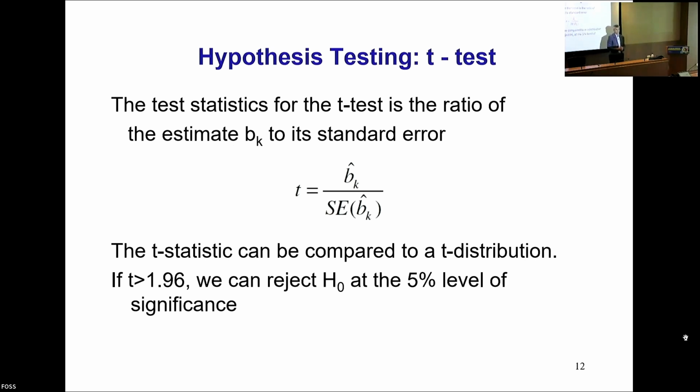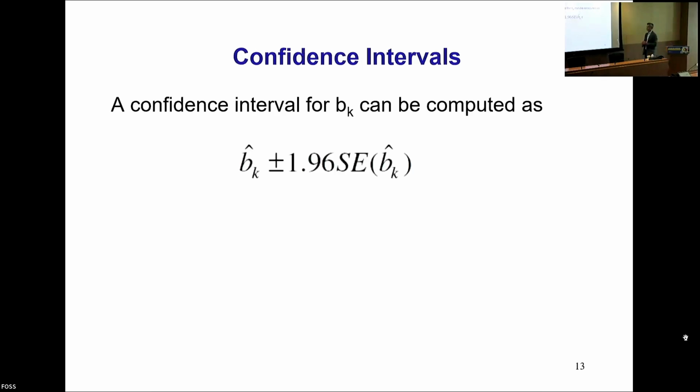This is the t-test. If that t-value is greater than 1.96, then it's statistically significant at the 5% level. So often we're looking for large values of the t-test to see whether the coefficient is statistically significant, and then we can construct 95% confidence intervals around that coefficient.